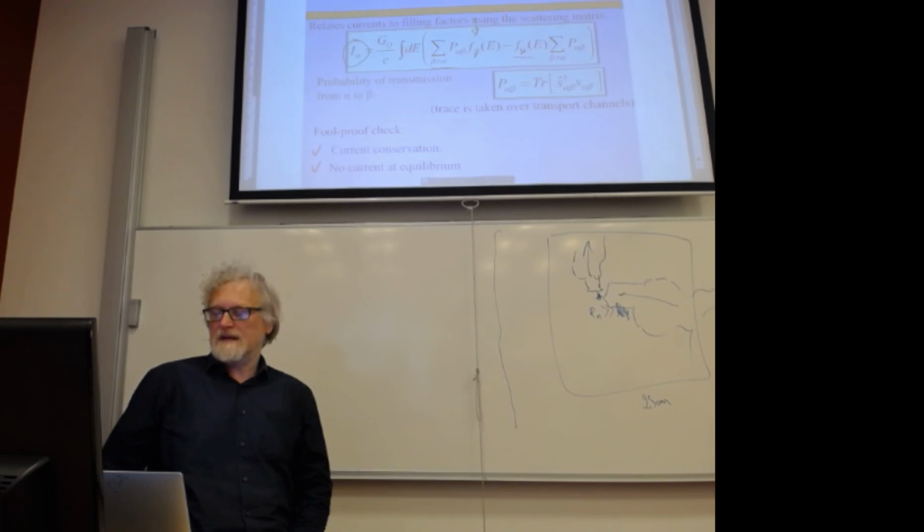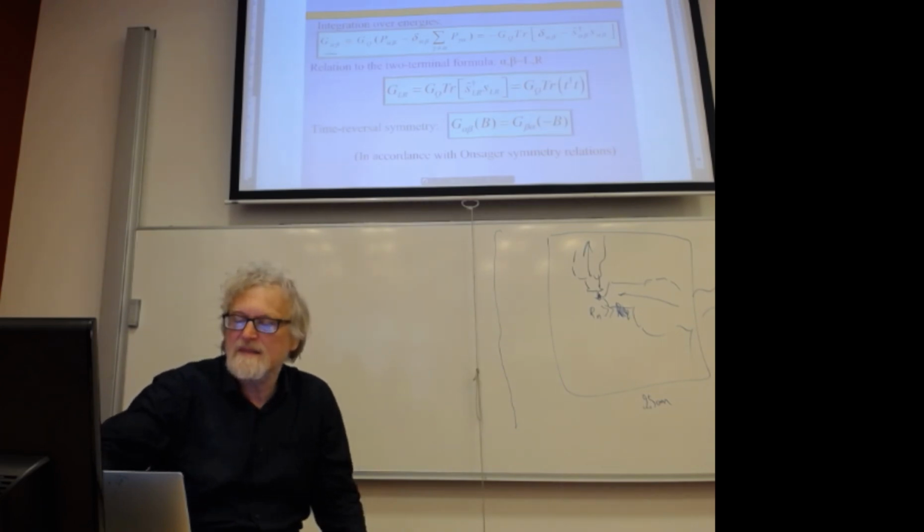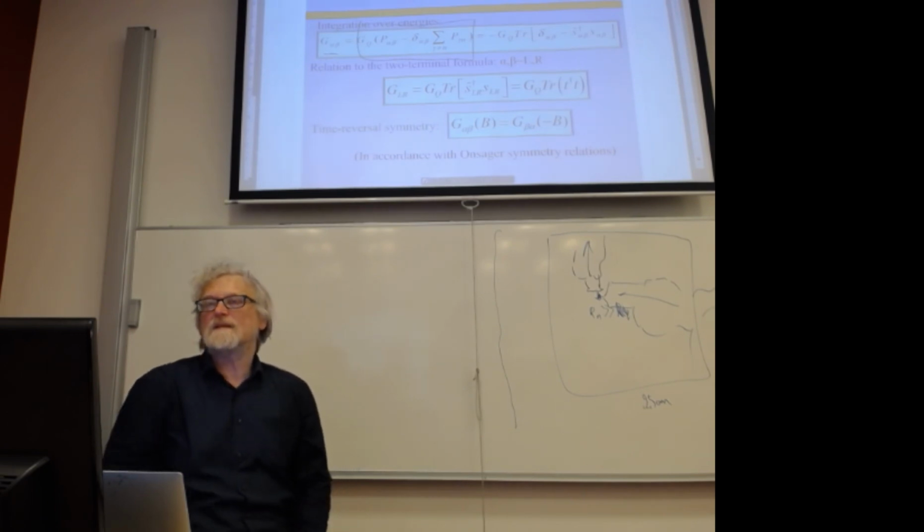We can use it. Let me rewrite it in terms of conductance. In that case, we assume that the scattering matrix does not depend on energy, and the conductance matrix can be directly expressed in terms of probabilities.